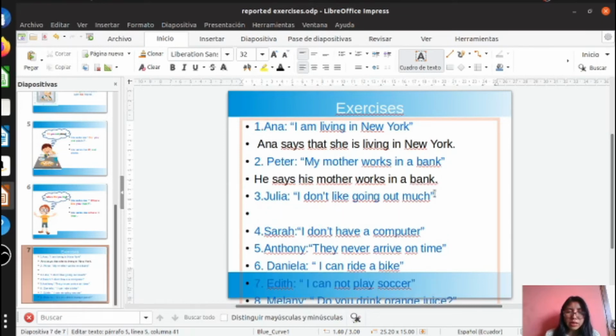We are going to see that is a negative sentence. Julia, I don't like going out much. I am going to report. Yo voy a decir lo que Julia dijo. For example, I can say Julia says or she says. That is the same. In this case, Julia says that she does not like going out much.